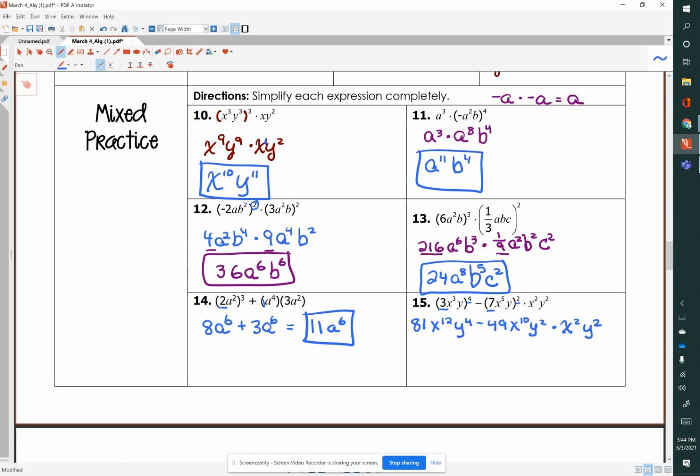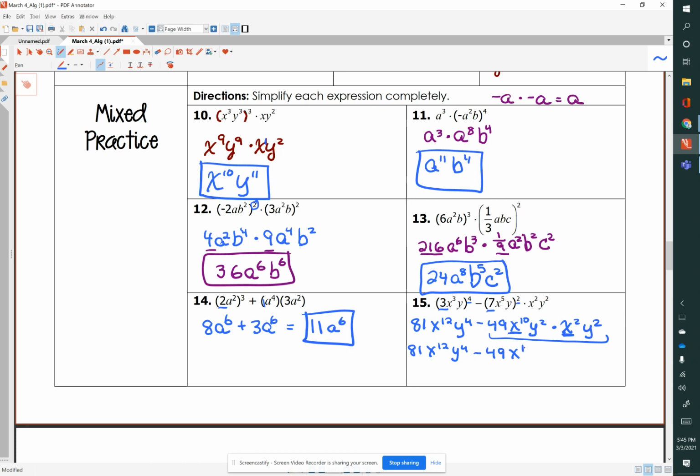Remember, according to the order of operations, we have to multiply before we can subtract. So we have 81x to the 12th power, y to the fourth power, minus, and we've got this 49, then x to the 10th times x squared, so it's this times this.